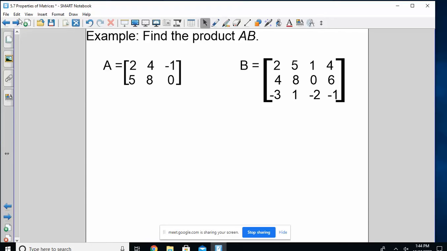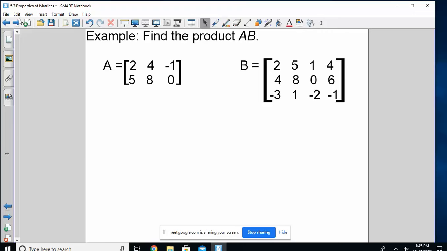So 5 times 5, 25. 8 times 8, 64. 0 times 1 is 0. We get 89. Row 2, column 3. So 5 times 1 is 5. 8 times 0 is 0, and 0 times negative 2 is 0. So we get 5.